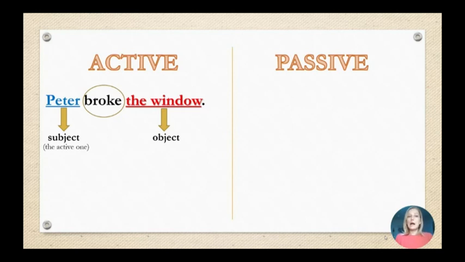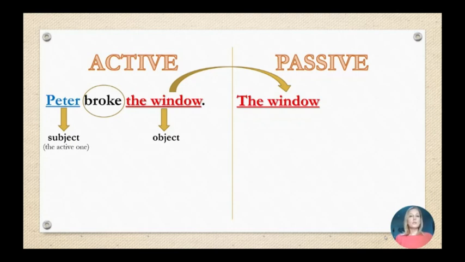So now, how do we make a passive sentence out of this one? You know that in English, subject always goes before the verb. So this time, Peter, as the active subject, goes before the verb break. So we need to take the object of the active sentence, and this is the window, and make it the subject of the passive one, which means that we should start with the word the window.